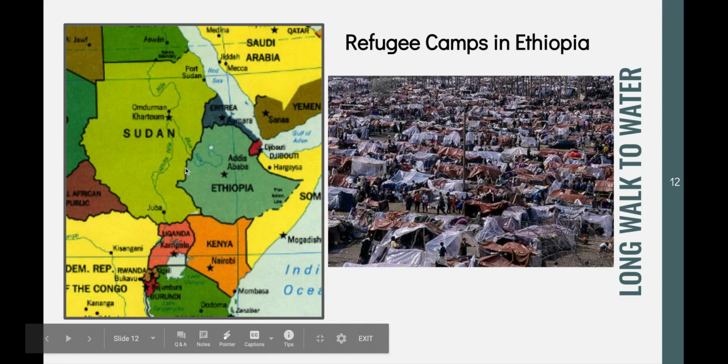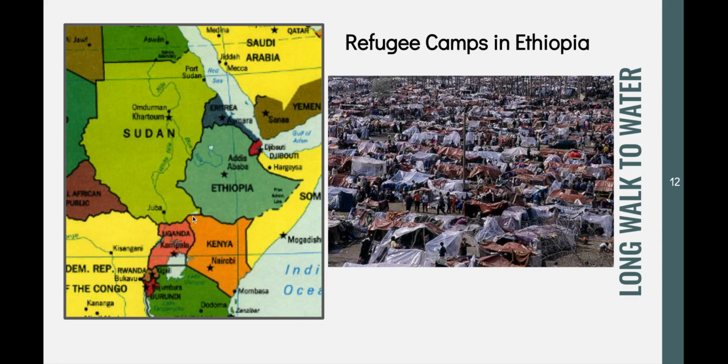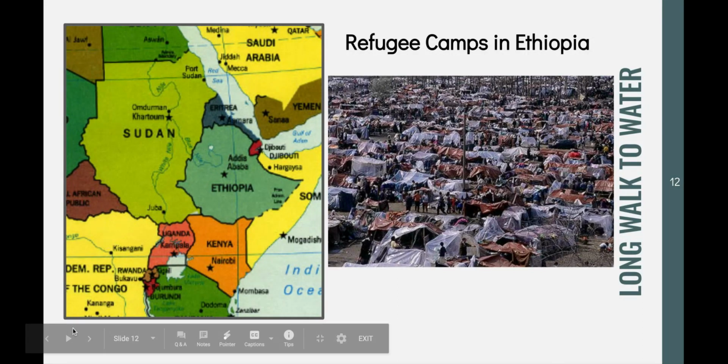And then Salva has to walk all the way down here to Kenya. So I'm not entirely sure where he walked from, but he comes all the way down here to Kenya. So he's now walked three different countries because he went from Sudan to Ethiopia, back to Sudan to Kenya.